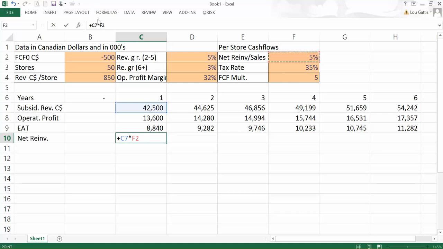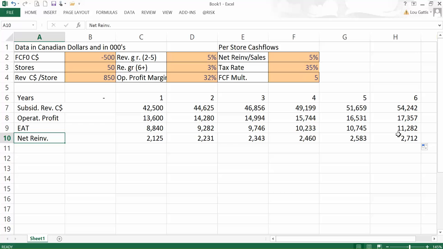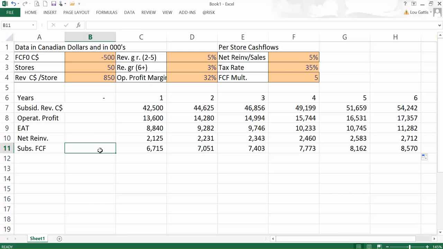I'll anchor that, 5%. And then I'll get free cash flows. We'll call that subsidiary free cash flows, which will be earnings minus net reinvestment. And the first year, I'll go ahead and just capture the cost per store times 50 stores. So there are the subsidiary free cash flows in Canadian dollars.